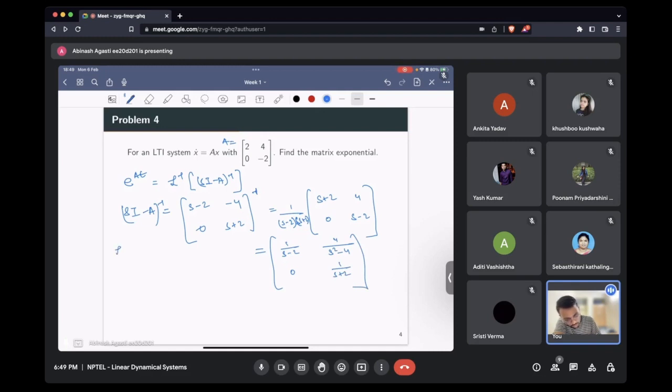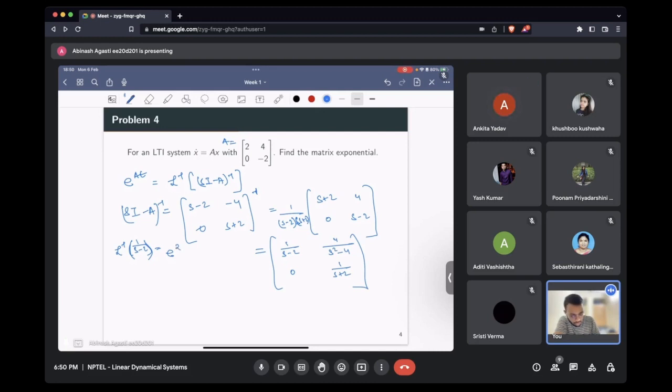So, how do we find out the Laplace inverse of 1 by S minus 2? What is the Laplace inverse of this? I think the Laplace inverse of 1 by S minus A is e to the power At.